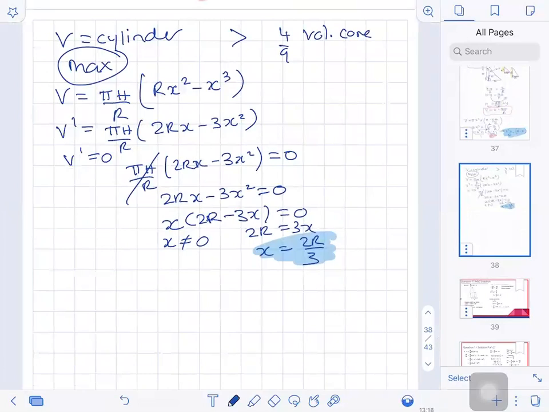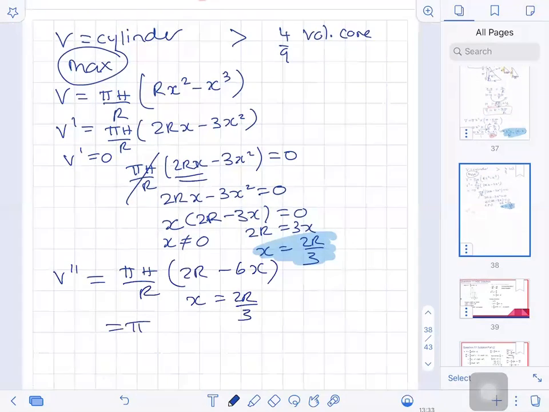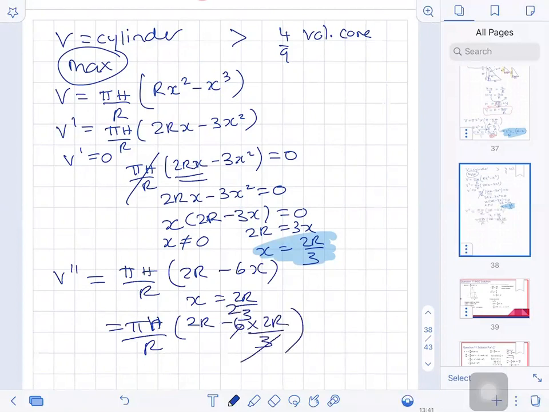Now what we need to do, we need to show that it is a maximum. So differentiate twice. You get pi h on r, 2r, because that x will go, minus 6x. And x is 2r on 3. You get pi h on r, 2r minus 6 times 2r on 3. 3 goes into 6 twice.